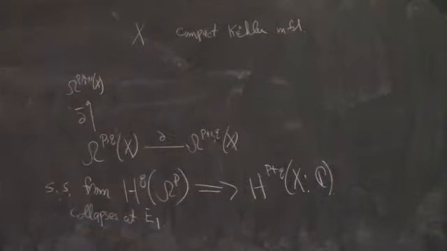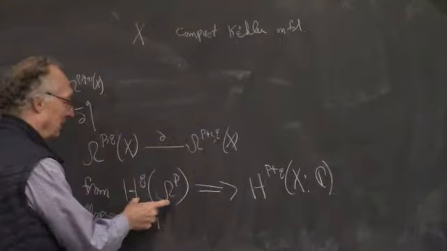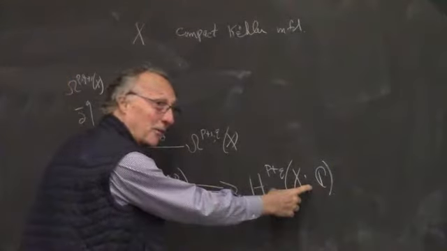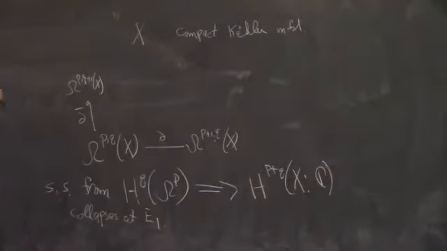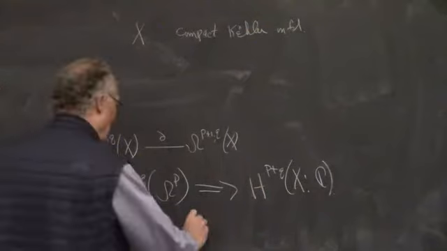In other words, these are the associated graded pieces of the filtration on the cohomology. And the reason is something called the dd-bar lemma.